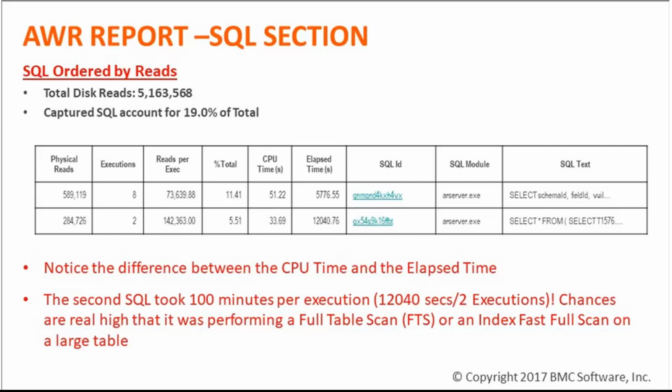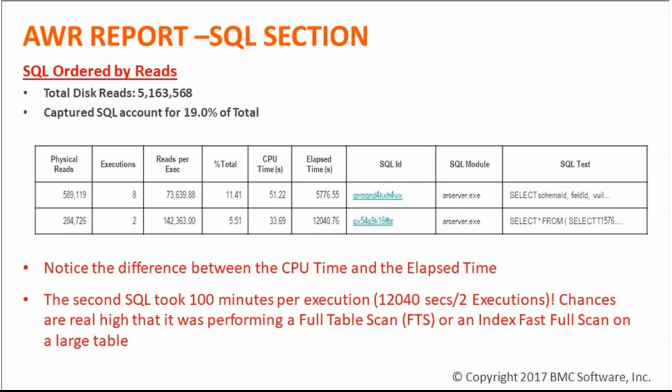And for the second SQL statement, it only ran twice, but it took 6,000 seconds each time it ran. And only 15 seconds of those 6,000 seconds were spent on the CPU. So that's telling you that these SQL statements were doing a tremendous amount of I/O. They were spending a lot of time doing I/O, mostly. And so, a potential area for tuning.